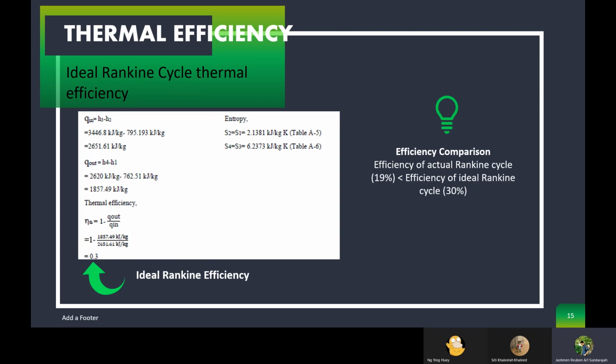We can have a thermal efficiency of 0.2 Rankine efficiency, which is also known as the theoretical efficiency. So in comparison, we can see that the efficiency of the actual Rankine cycle is lower than the efficiency of the ideal Rankine cycle. To explain this further, I will pass the floor to Carl.